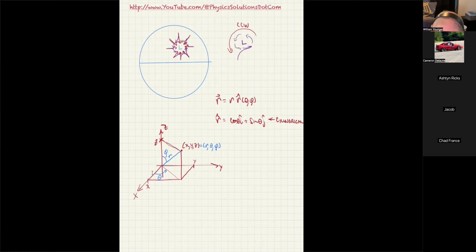By the way, this down here is sometimes called rho, and rho would be equal to r times the sine of phi. And that rho is actually the cylindrical r that we talked about up above, but this is the spherical coordinates.